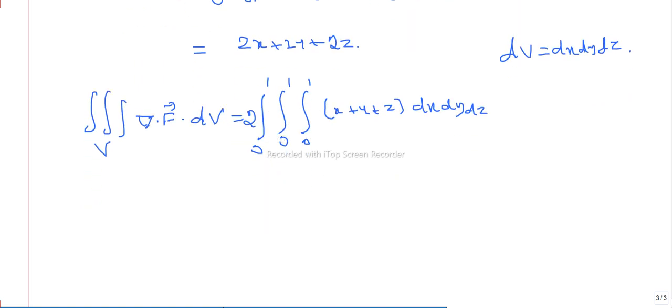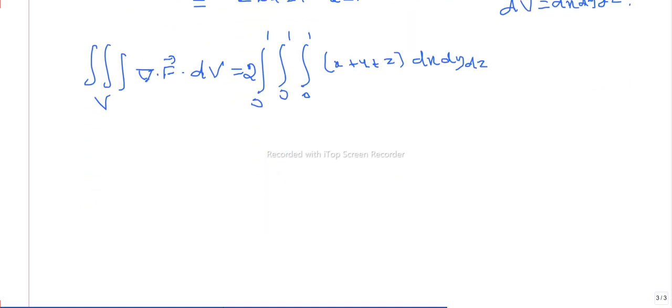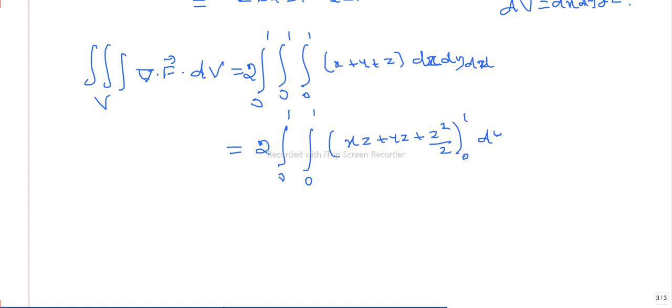Now we can integrate. First with respect to z we can integrate. Maybe you can change the order to dz dy dx. You can do anything, because everything is fixed, constant limits. So with respect to z, we get xz plus yz plus z square by 2, upper limit minus lower limit. I can substitute, remaining dy dx.